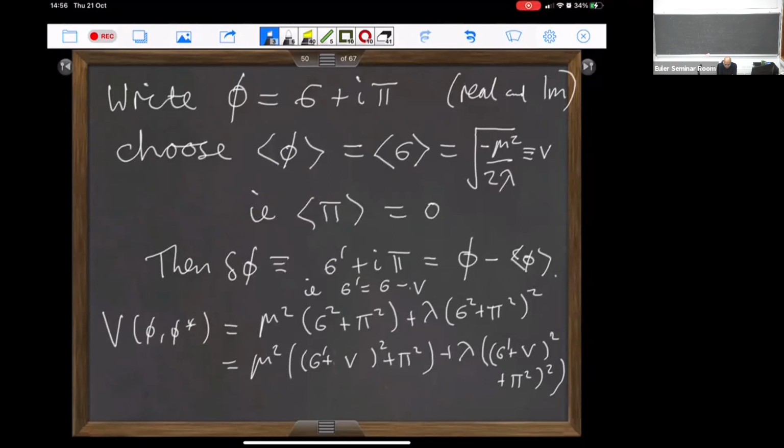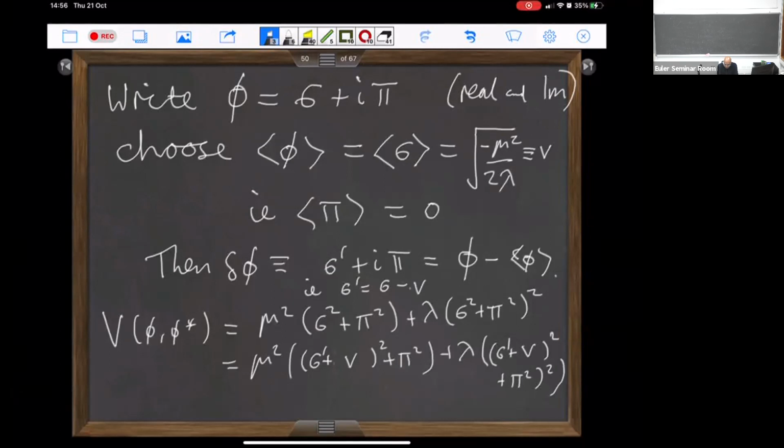So then the fluctuation of the field is just sigma prime plus i times pi. And so let's substitute back into the Lagrangian. So sigma is just v plus sigma prime, and then you've got the imaginary part going along.